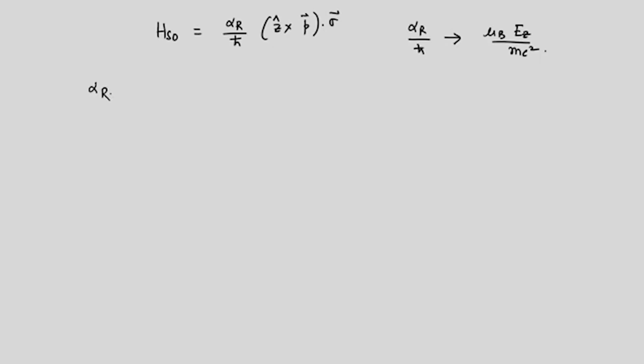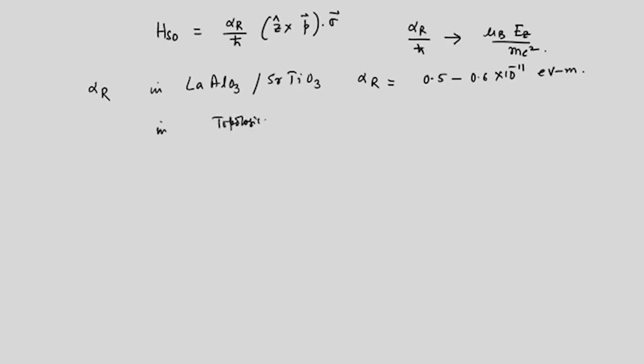So, typical values of alpha R in these LaAlO3, SrTiO3 interfaces of heterostructures, have a value of about 0.5 to 0.6 times 10 to the power minus 11 eV m, whereas for some of the topological insulators, alpha is typically 1 or 2 orders of magnitude larger, and it can have a value of 10 to the power minus 10 eV m.